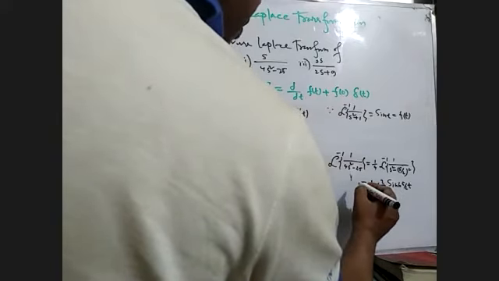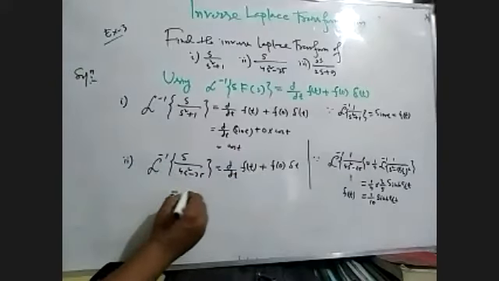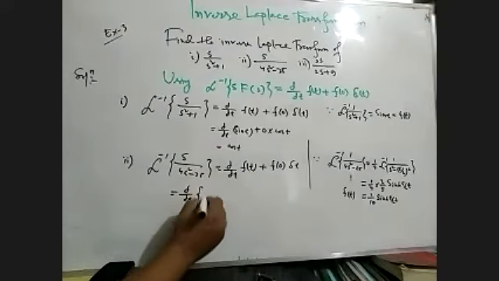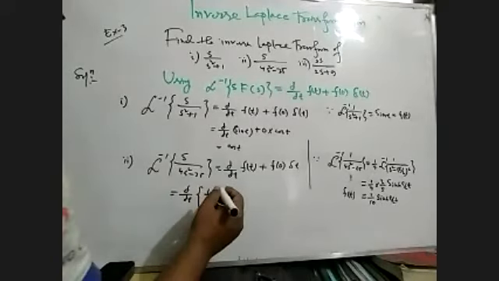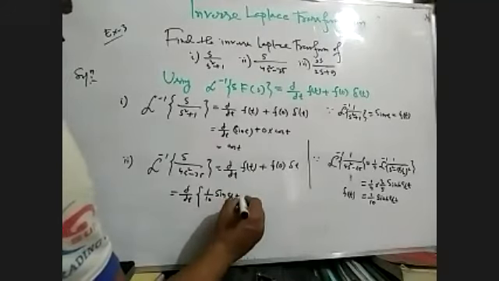This is the f of t. Remember it. F of t equals sine hyperbolic 5 by 2 t. So using here this concept d/dt, f of t equals 1 by 10 sine 5 by 2 t.